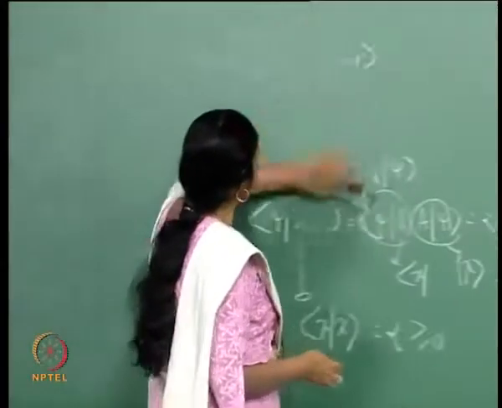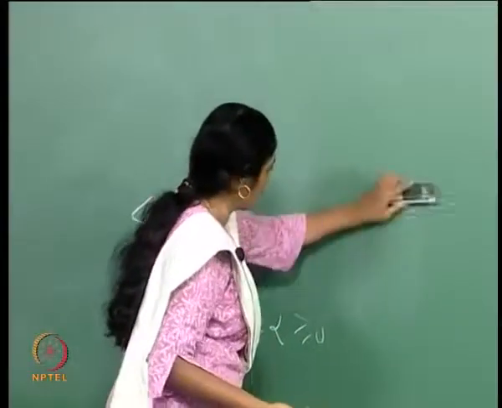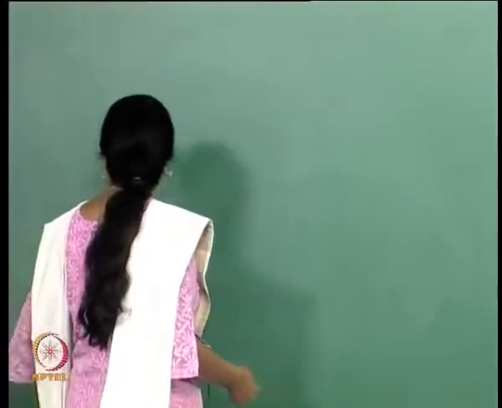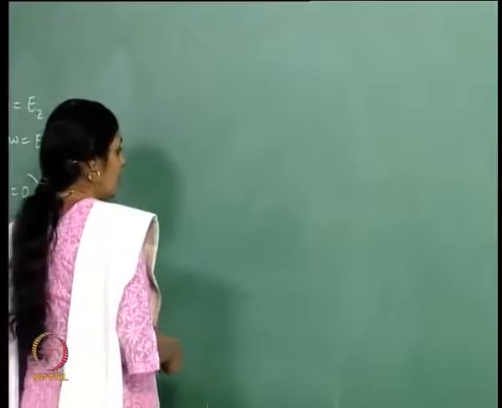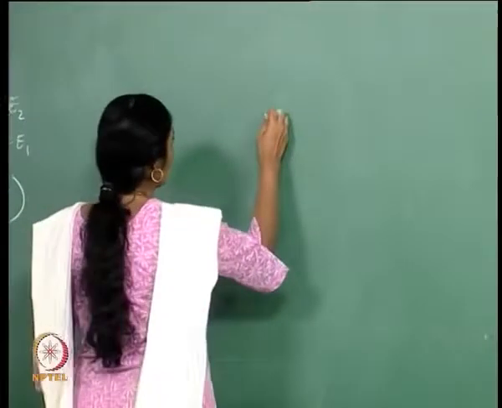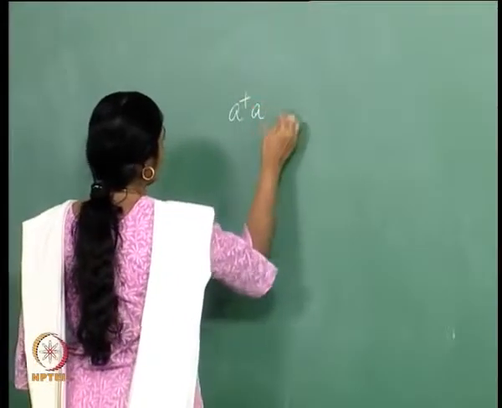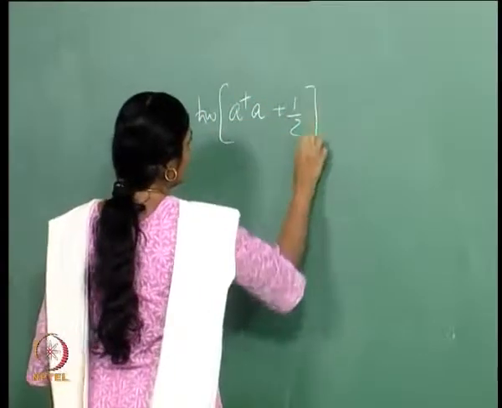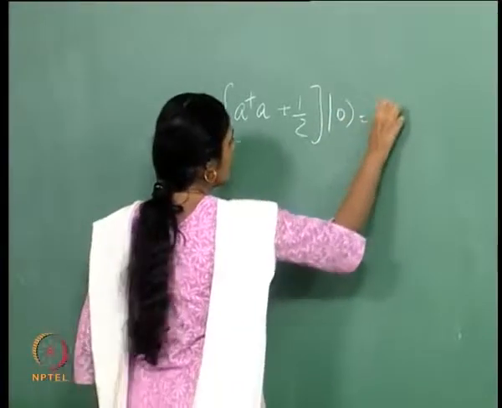Now let us look at what the energy values actually are. The energy values can be got using the eigenvalue equation. A dagger A plus half ħω acting on ket 0 is E0 ket 0.